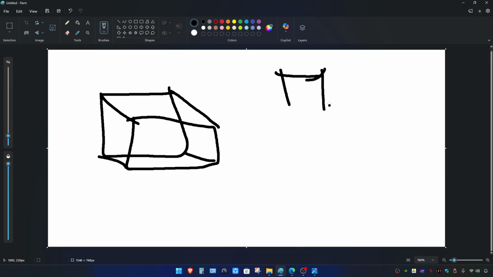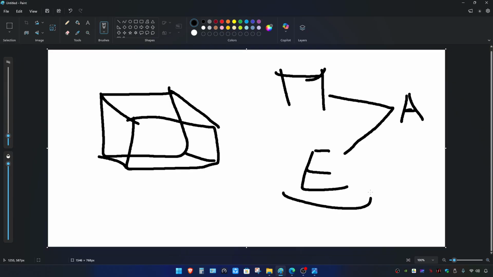But the question is, what is the mirror doing? The mirror is reflecting the atoms. Let's say this is the mirror, and this is the back side of the box, and it is reflecting the information back to our eyes, human eyes.